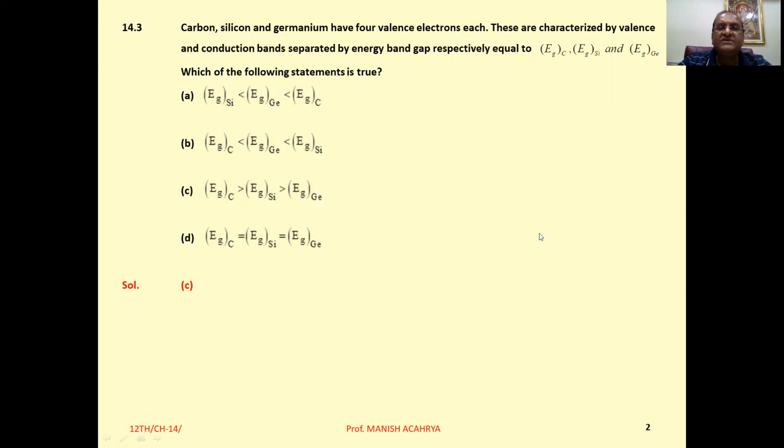Which of the following statement is true? We already discussed one illustration of this type. We know the maximum band gap energy is of carbon, then less than that is of silicon, and then less than that of germanium. So option C, that is the correct one. Clear?